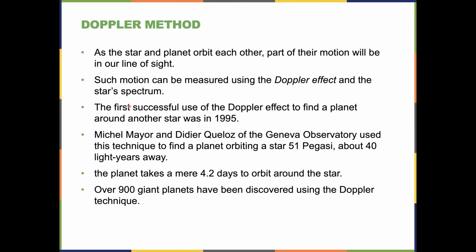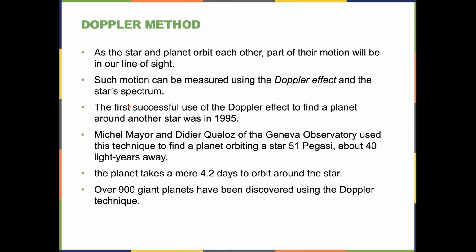Two astronomers, Michel Mayor and Didier Queloz at the Geneva Observatory, used this technique to find a planet orbiting a star called 51 Pegasi. This star is around 40 light years away from us, and interestingly, the planet only took 4.2 days to orbit the star. This is why it was easy to detect, right?